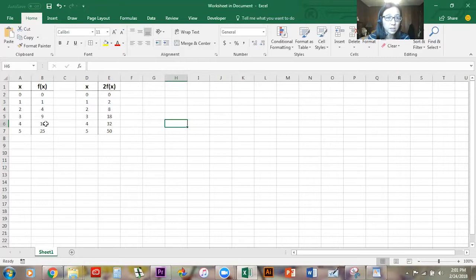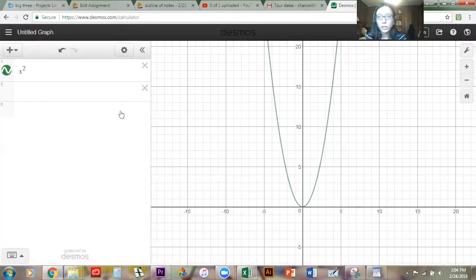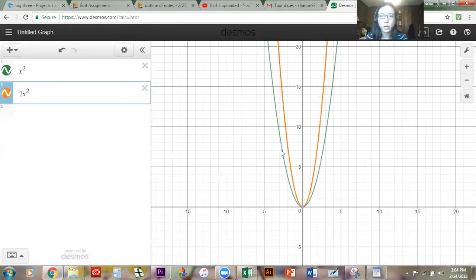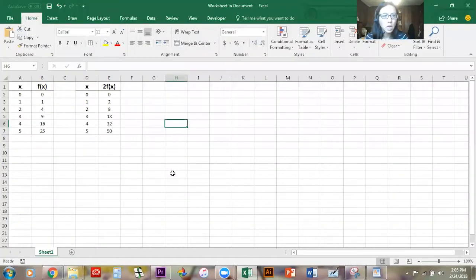When we look at a graph of x squared, and this is our standard parabola, and then look at a graph of 2 times x squared, what we see is our y increases much faster. And that corresponds with what we saw in our table.